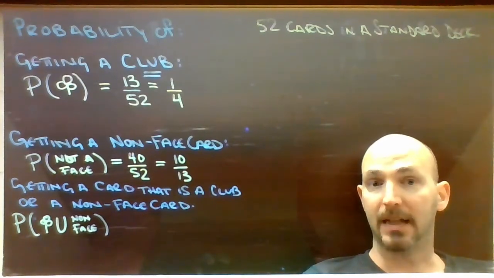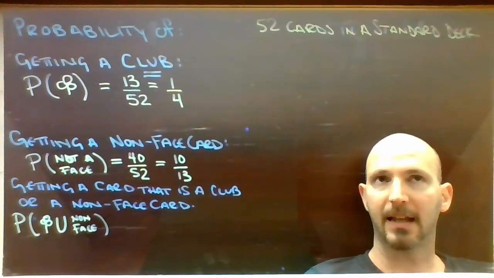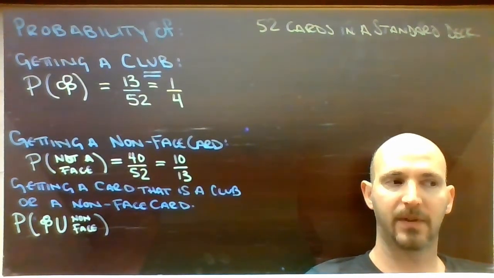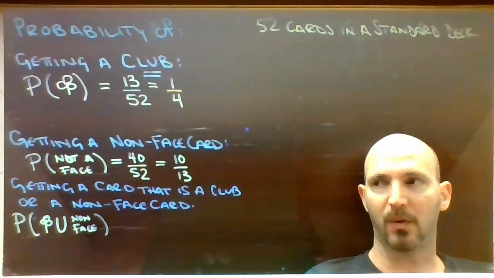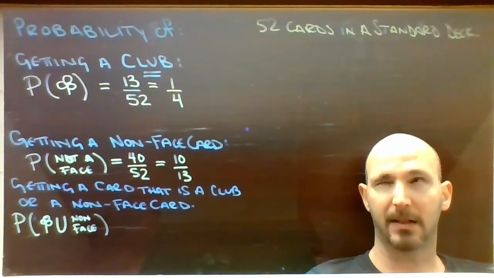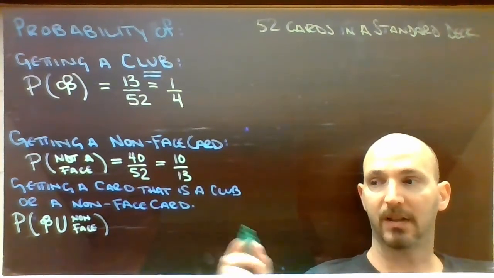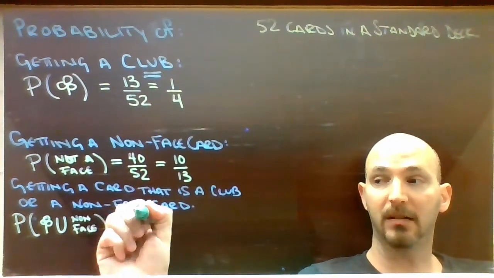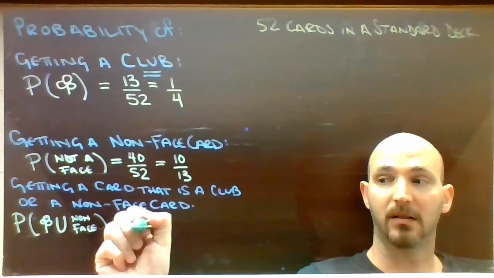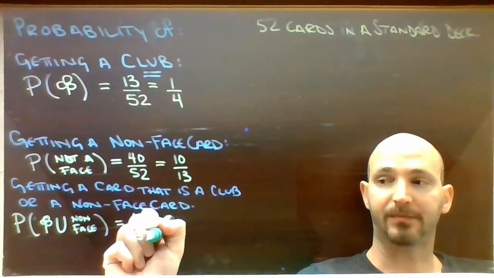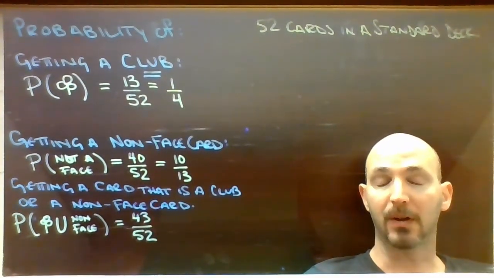So that's 13 of them. There's 13 clubs in there. And I have to add to that all of the non-face cards that are not clubs. So there's 10 hearts, 10 diamonds, 10 spades. That's 30 cards. Plus the 13 clubs should give me 43 cards out of the 52 that are either clubs or non-face cards.